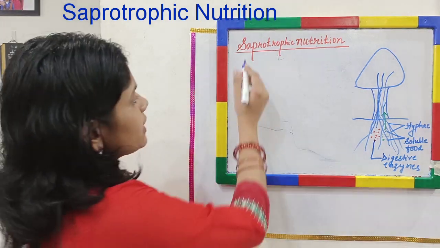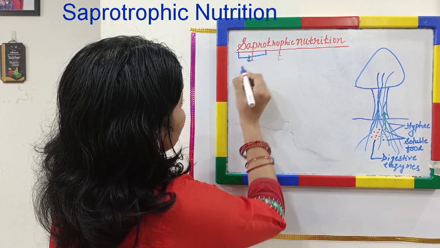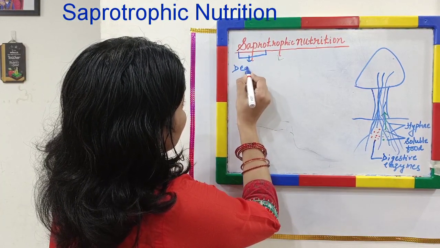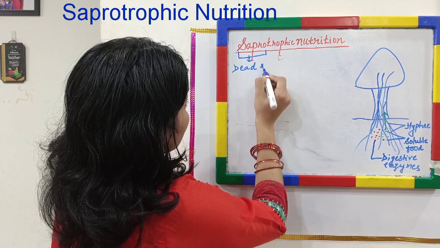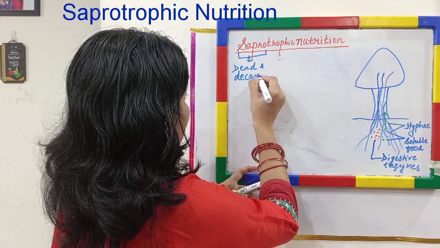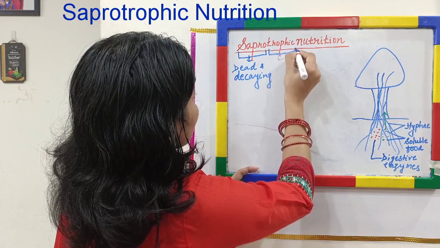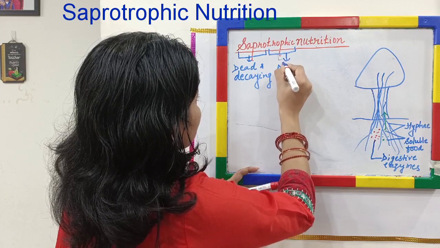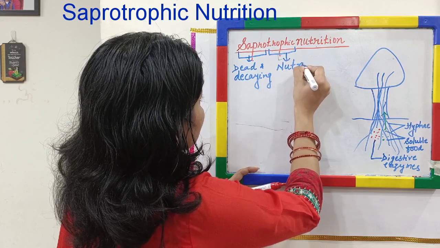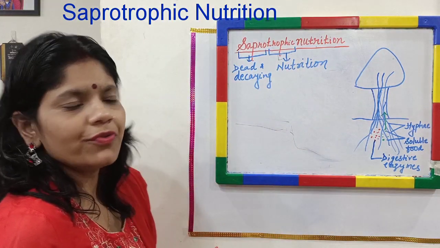The literal meaning of sapros is dead and decaying, and as I already told you, trophos means nutrition. So what is saprotrophic nutrition?